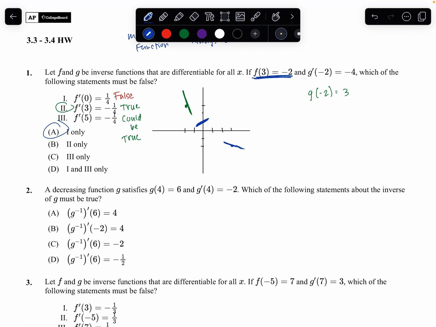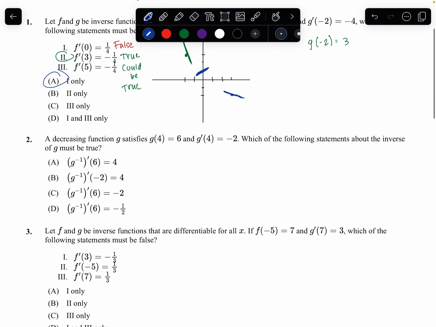Okay. For 2, look at what it says right here. A decreasing function g. So decreasing function, that's saying that g is monotonic. G of 4 is equal to 6 and g prime of 4 is equal to -2. Which of the following statements about the inverse of g must be true? Okay, so I'm going to assume they're looking at what the slope of g is.